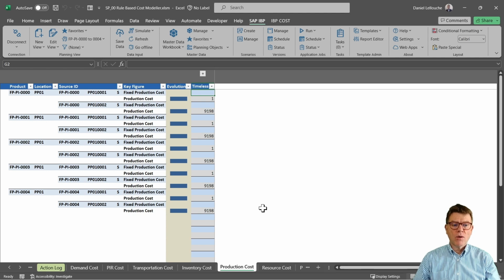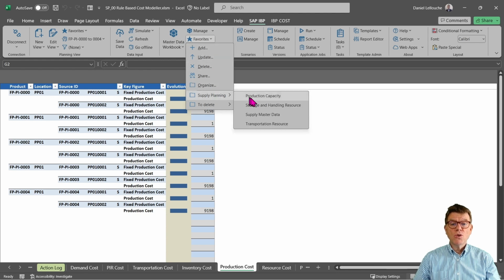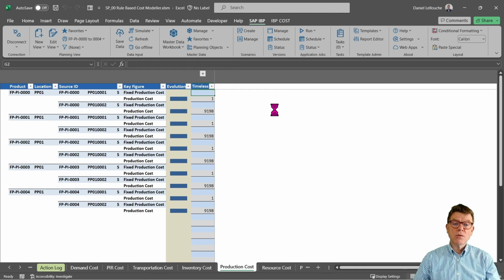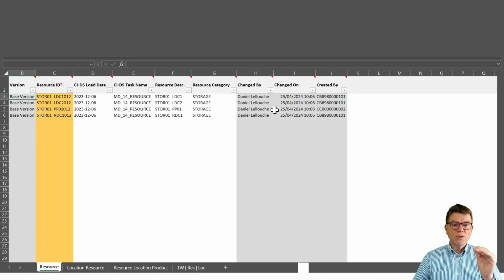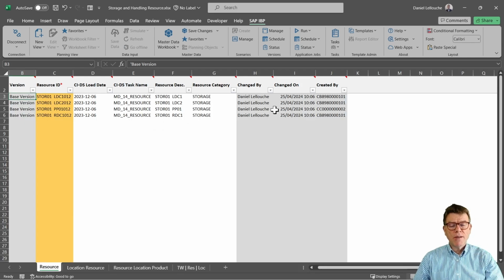Now, continuing with this scenario, you have to maintain a lot of master data, as I've mentioned. So if we check here the storage handling resource, because we need the storage resource to be considered in this scenario in order to limit the replenishment on the local DCs. That means you need to maintain the resource.